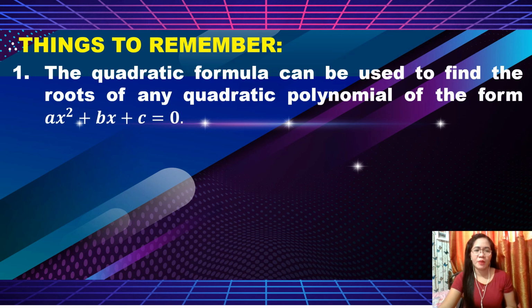Things to remember. Number 1, the quadratic formula can be used to find the roots of any quadratic polynomial of the form ax squared plus bx plus c equals 0, which is the standard form of the quadratic equation.